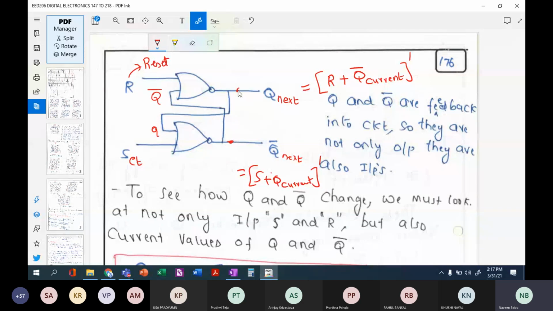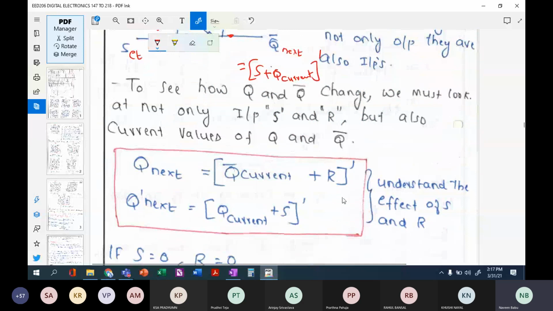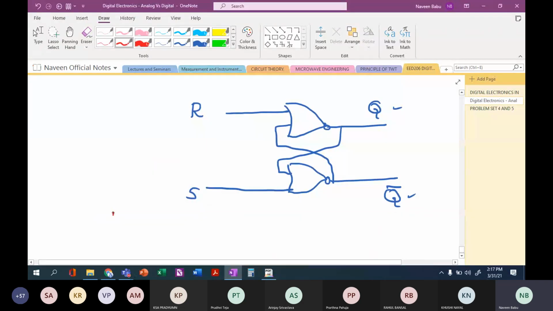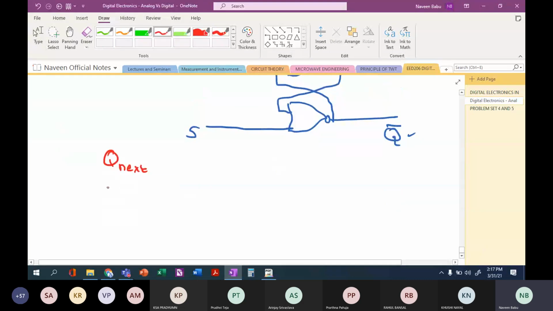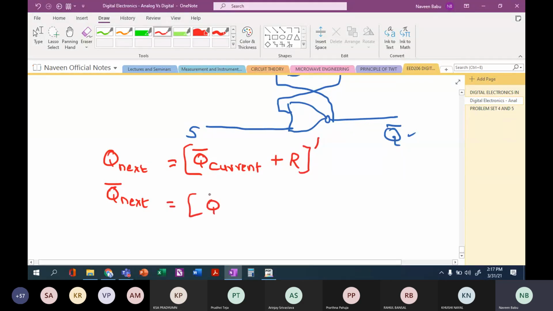Let me write it here because this is a very important expression. My Q next bar will be equal to (R plus Q current) the whole bar, and Q next will be equal to (S plus Q bar current) the whole bar.